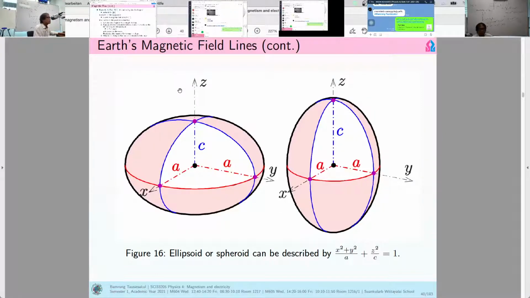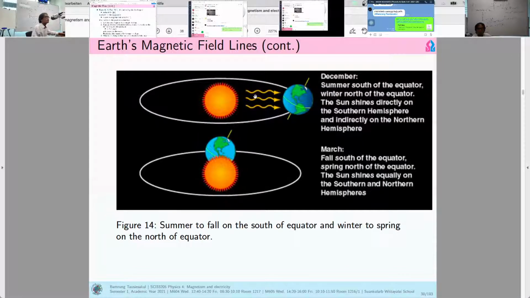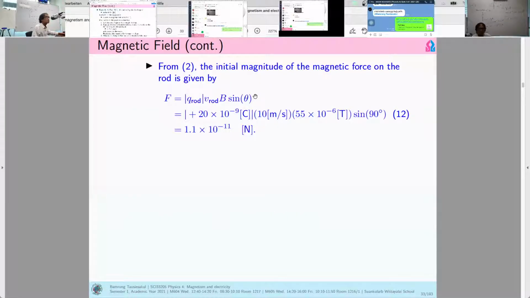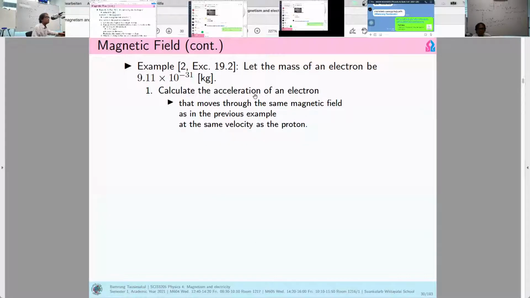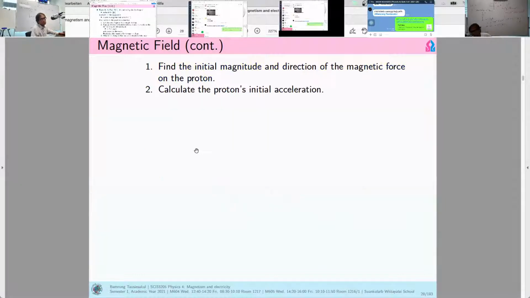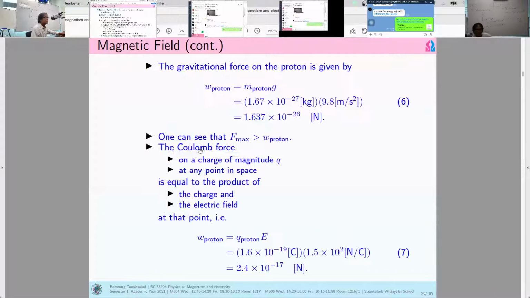Right, this one. Email is the most important. They say it's good. Magnetic field, not yet, right? Okay, somewhere here. The acceleration of proton, Coulomb force, on page number 25.